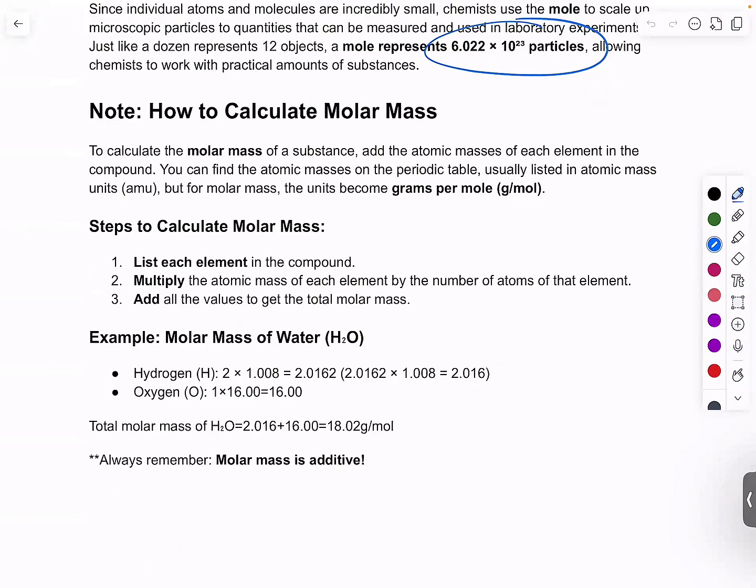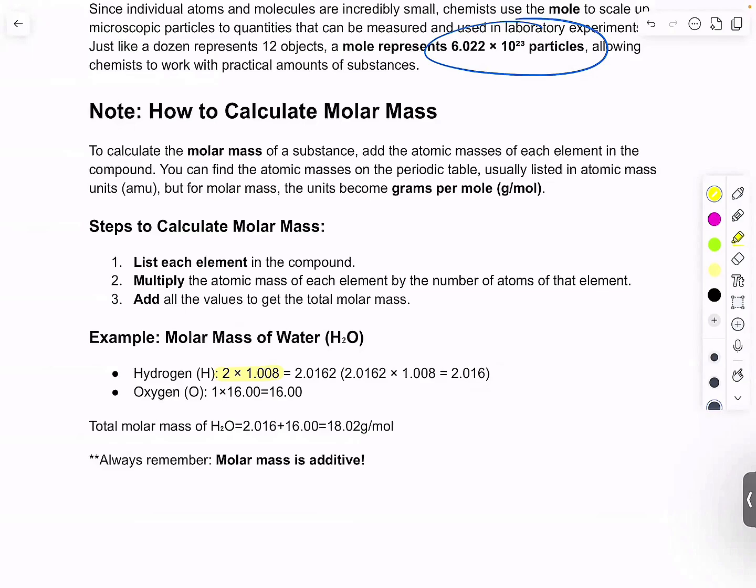If we take two hydrogens at 1.008, or you could probably use one, we have just over 2 grams per mole of hydrogen. Remember, we have two for every water molecule. Then we have that one oxygen, which weighs in at 16 grams per mole.